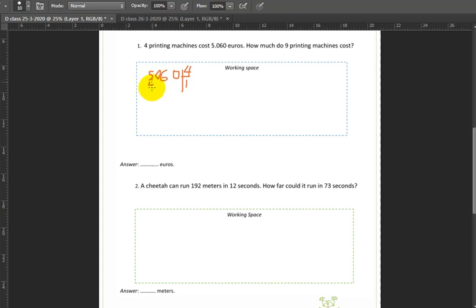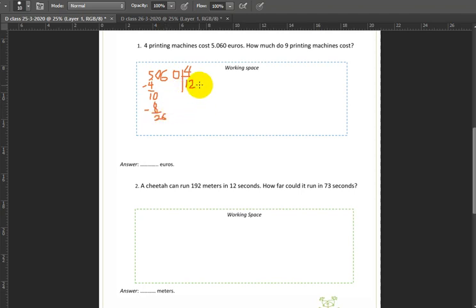I do the subtraction and I get 1. I'm going to carry down the 0. 4 into 10 goes twice. 2 times 4 makes 8. I do the subtraction and I get 2. Carry down the 6.